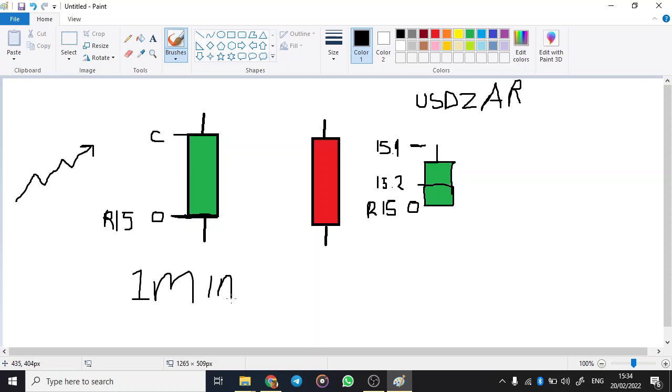I will show you the different time frames, you will see them, don't worry about that, but let us go through this one. So if we're saying that every single minute we're getting a new candlestick, and it opens at this price, appreciates in value, and on the 59th second it closes here.